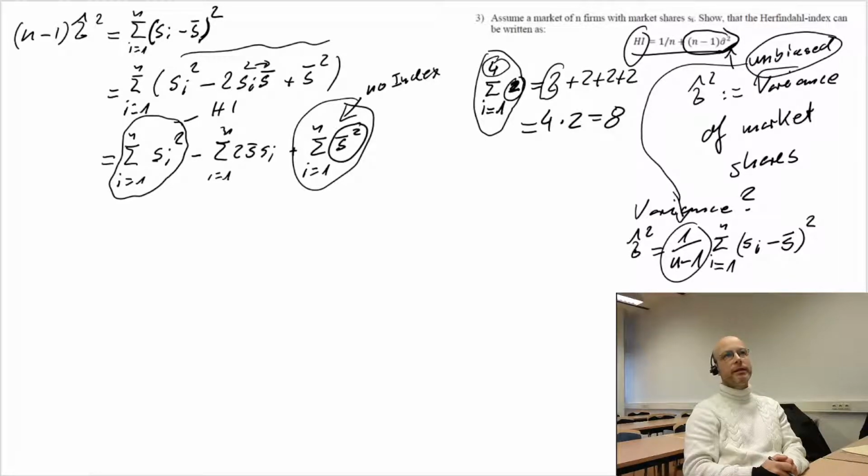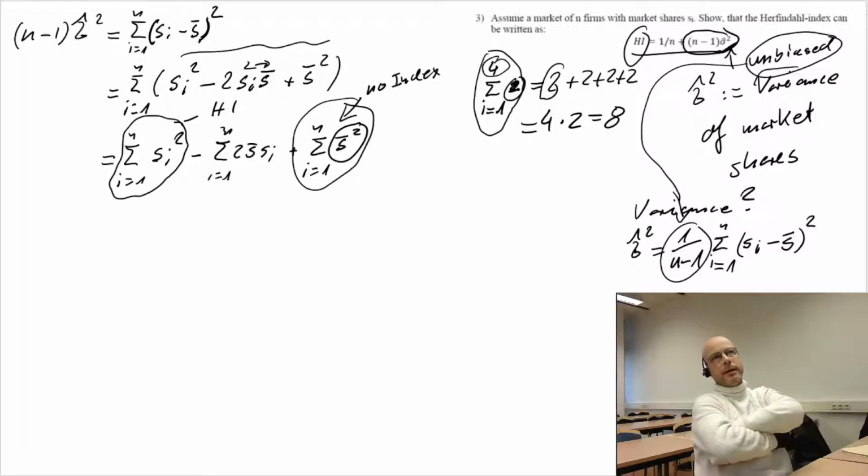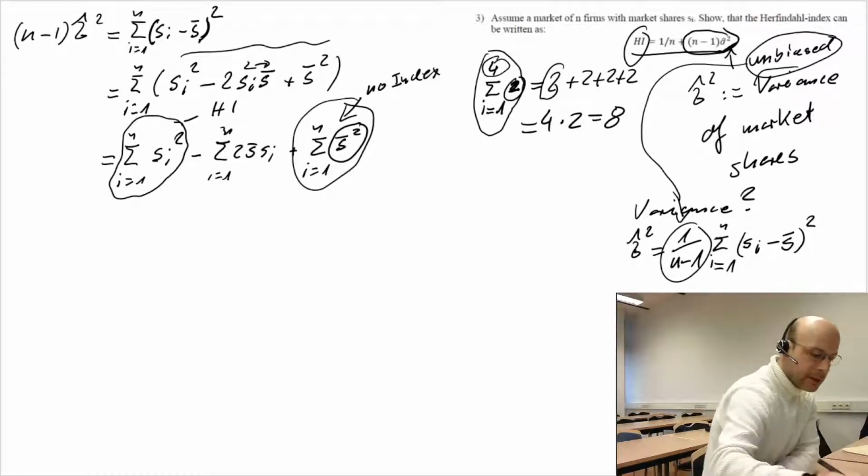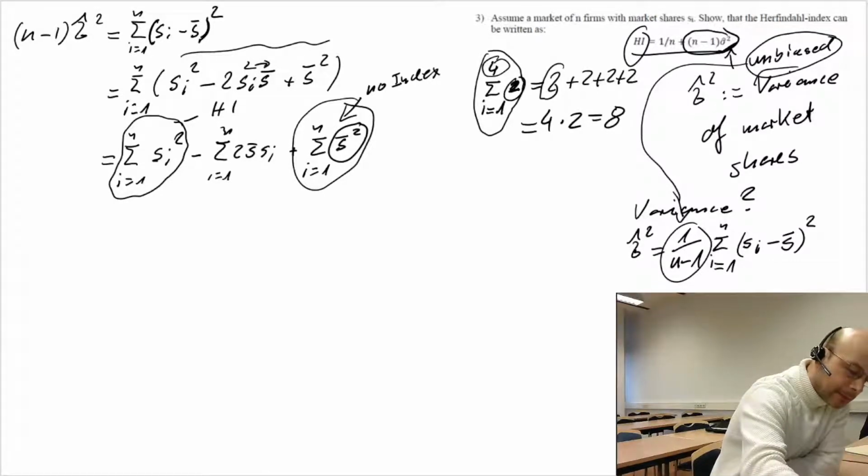So this just means that we have to sum up the square of the averaged market size just n times. So this is then plus n times s bar squared.